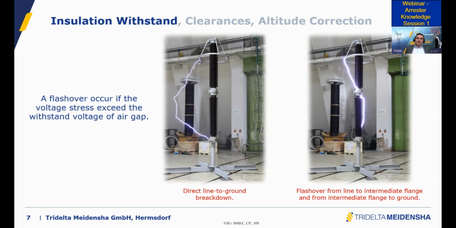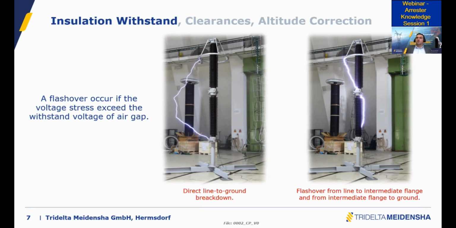So basically, when we have high contamination or extreme polluted conditions, we need to look at the creepage distance, because the problem is the surface current on the external housing. And as far as I know, there is no significant relation with the pollution, only with the atmospheric condition.